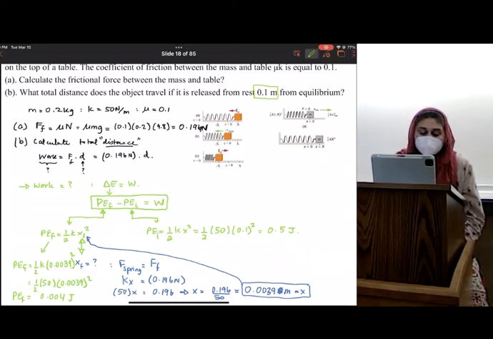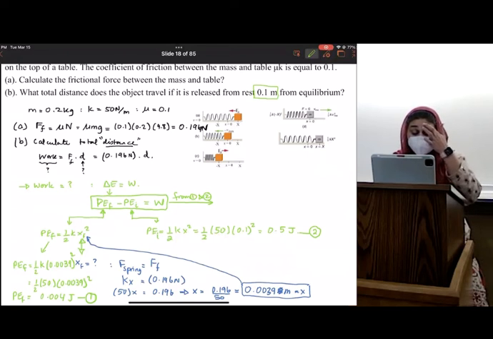So now I have values of final and initial. So can I put the values from 1 and 2 in here? What will I get? Potential energy final will be 0.004 minus potential energy initial will be 0.5.